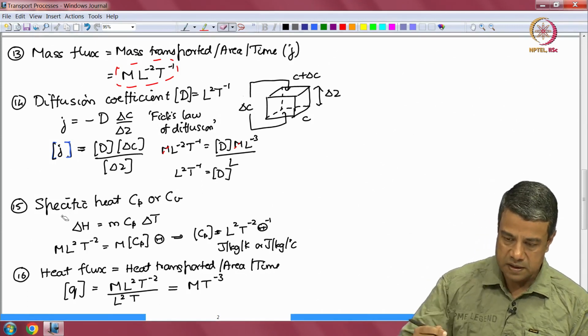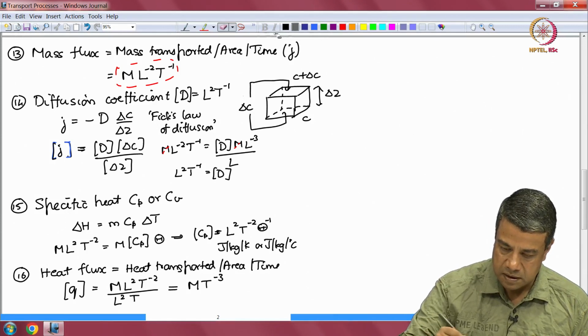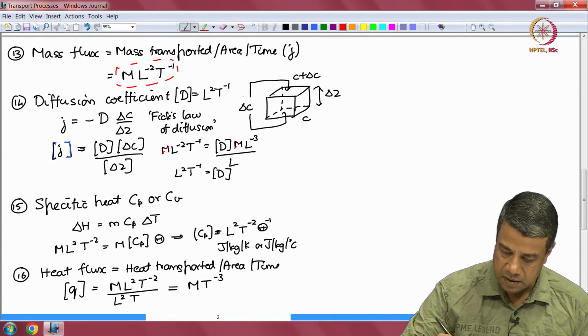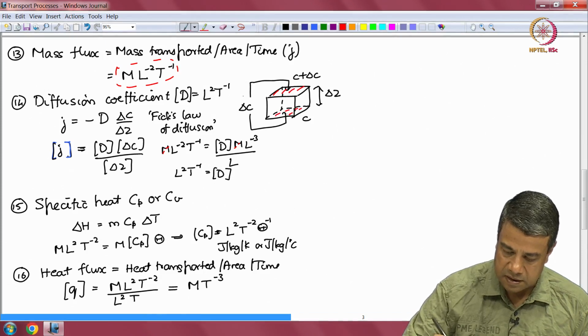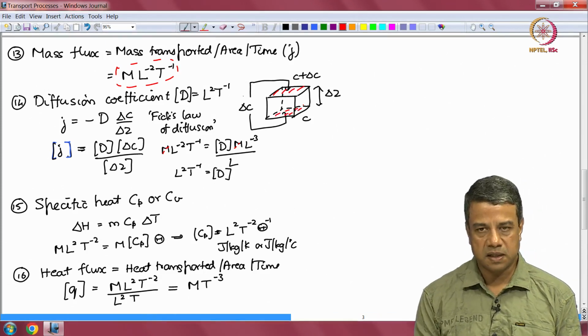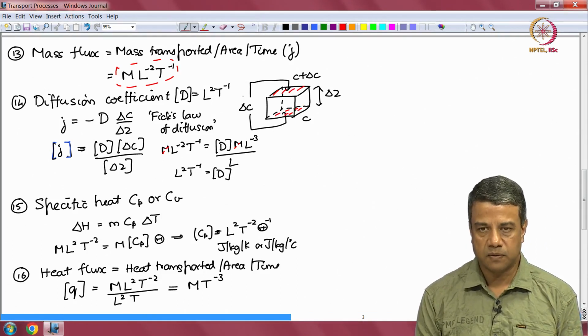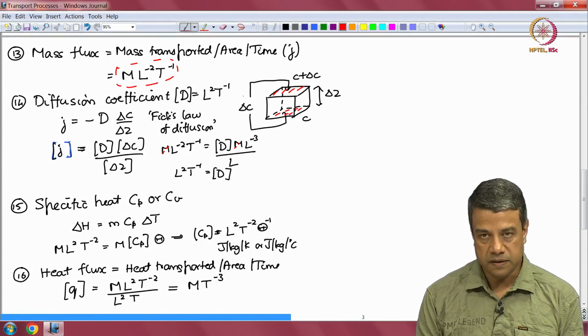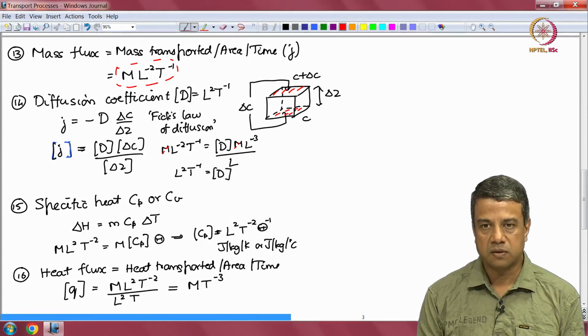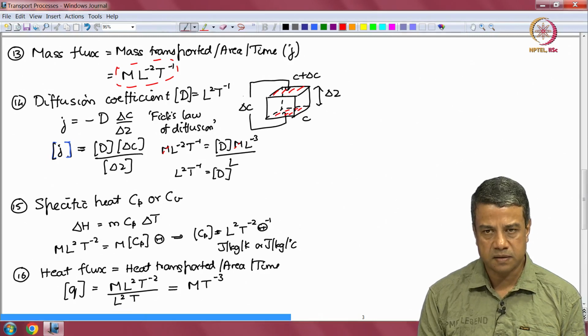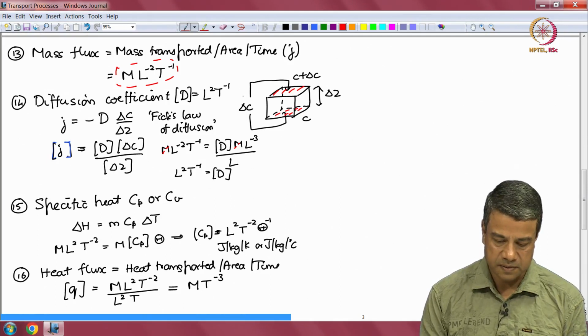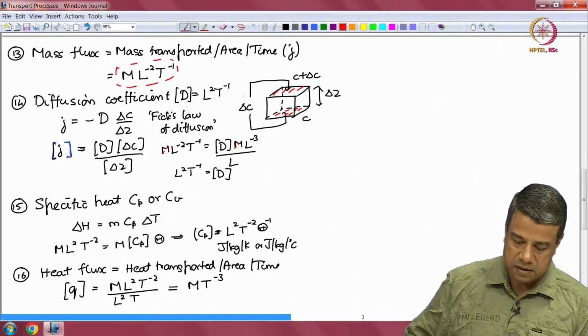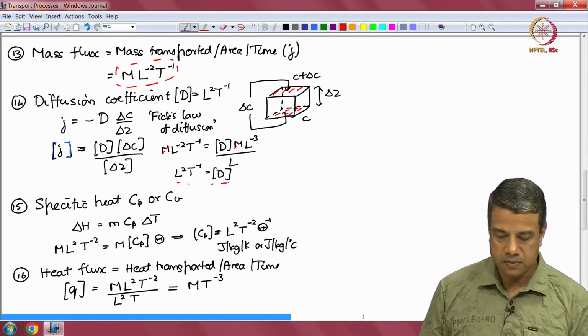So, if I have 2 surfaces across which there is a concentration difference delta C, separated by distance delta Z, the flux from one surface to the other will be directly proportional to delta C, the difference in concentration, inversely proportional to the separation delta Z. Constant of proportionality with a negative sign is what is called the diffusion coefficient, because transport occurs from higher concentration to lower concentration. And based on this, we had got the dimension of the diffusion coefficient as length square time inverse.